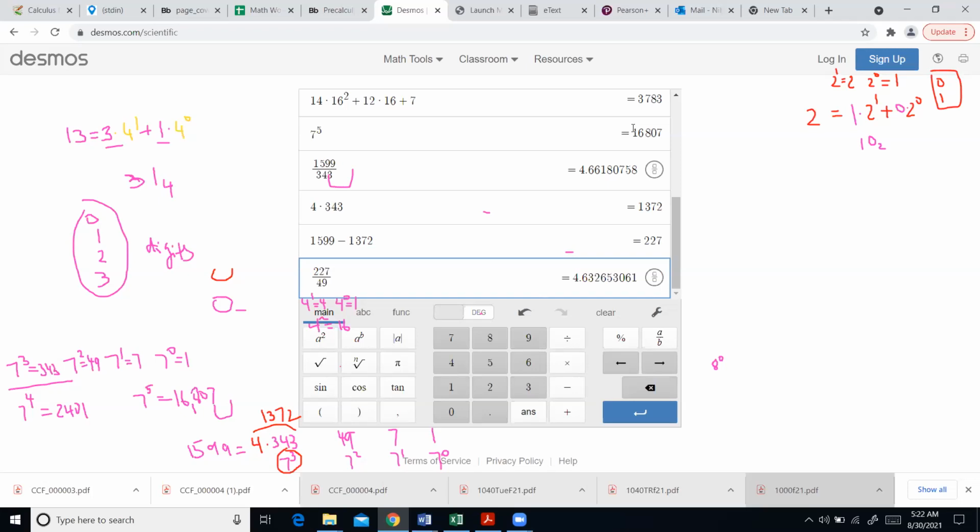So we get the digit next to it, and we see there are 4 49s that fit into what remains, which is 227.